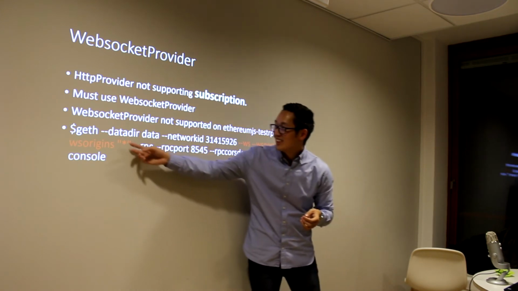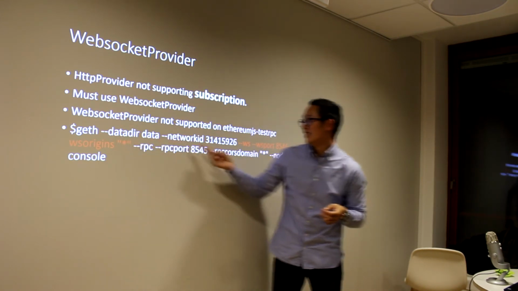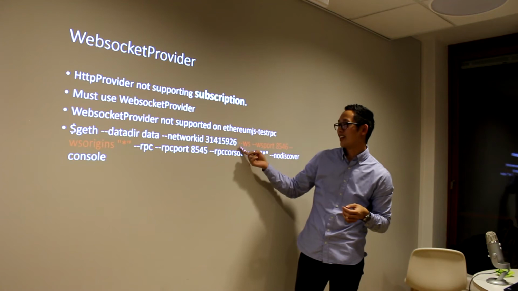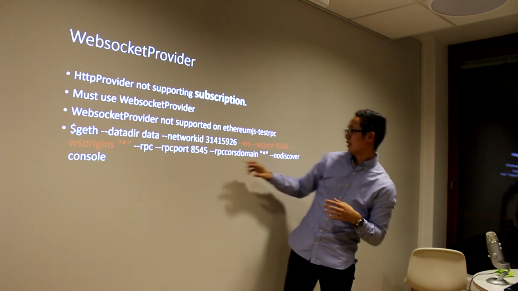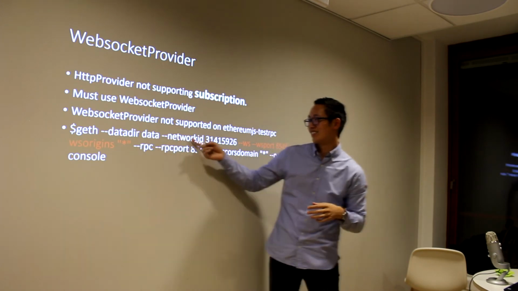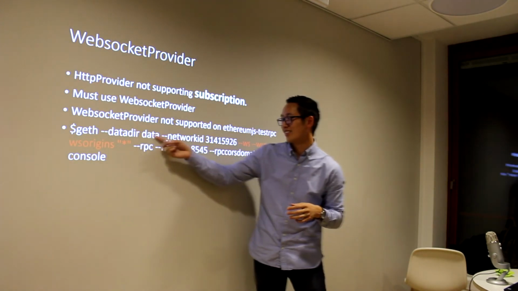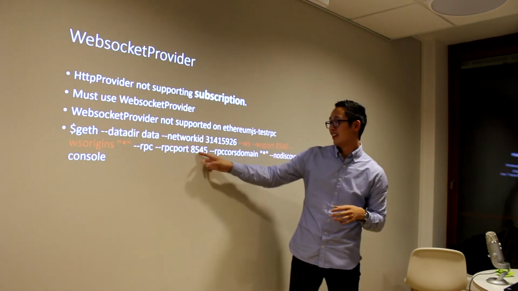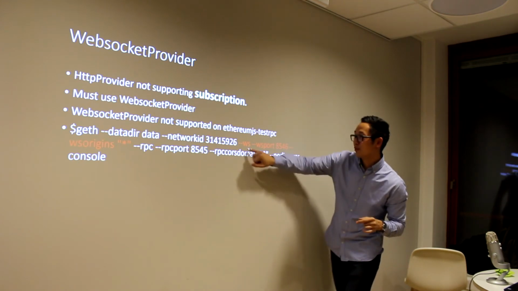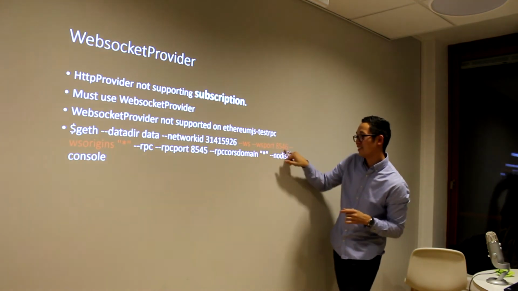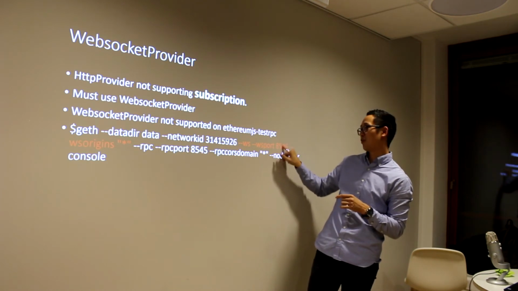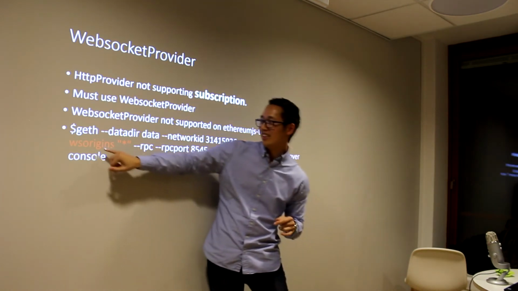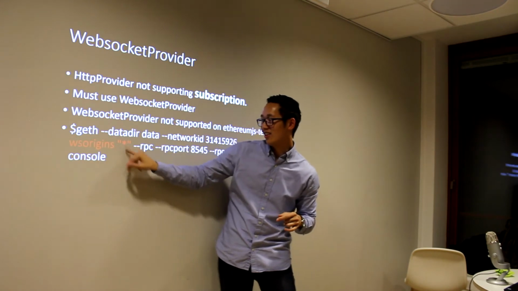So this is how you connect to the mainnet. You can use geth and write these lines, and then you have to write these parameters: wsport, you can choose whatever port you like, and wsorigins all.